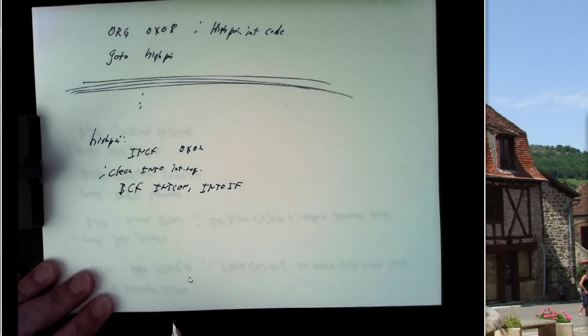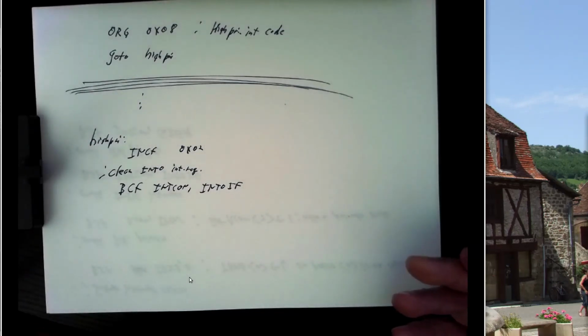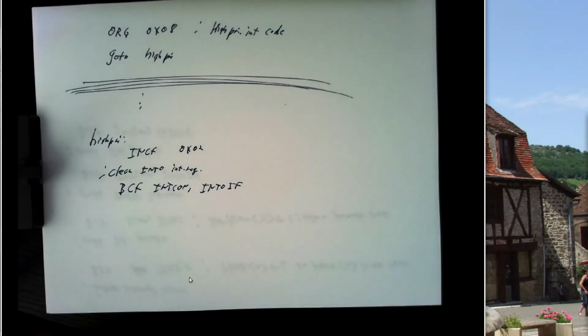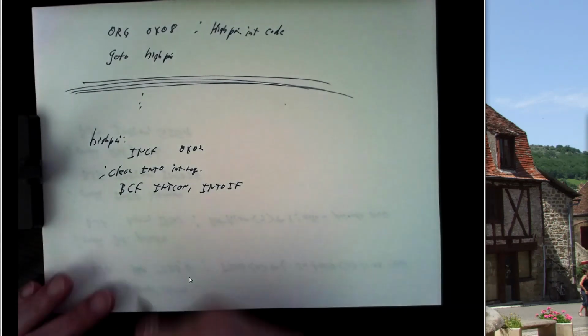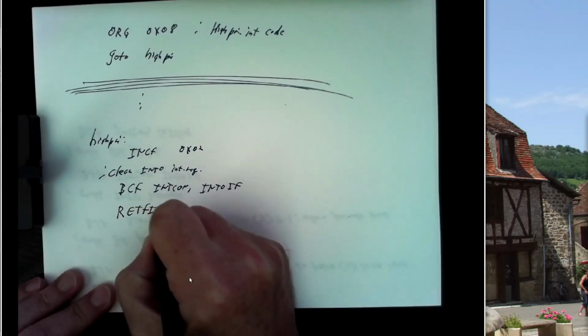And then we have to do a return. But the one other thing we have to do is re-enable interrupts, because interrupts are disabled once an interrupt occurs. We enabled them originally, but when an interrupt takes place, interrupts are temporarily disabled. So we need to re-enable them and we need to return. But we want to do that in one instruction, so there's a special instruction for that called RETFIE.